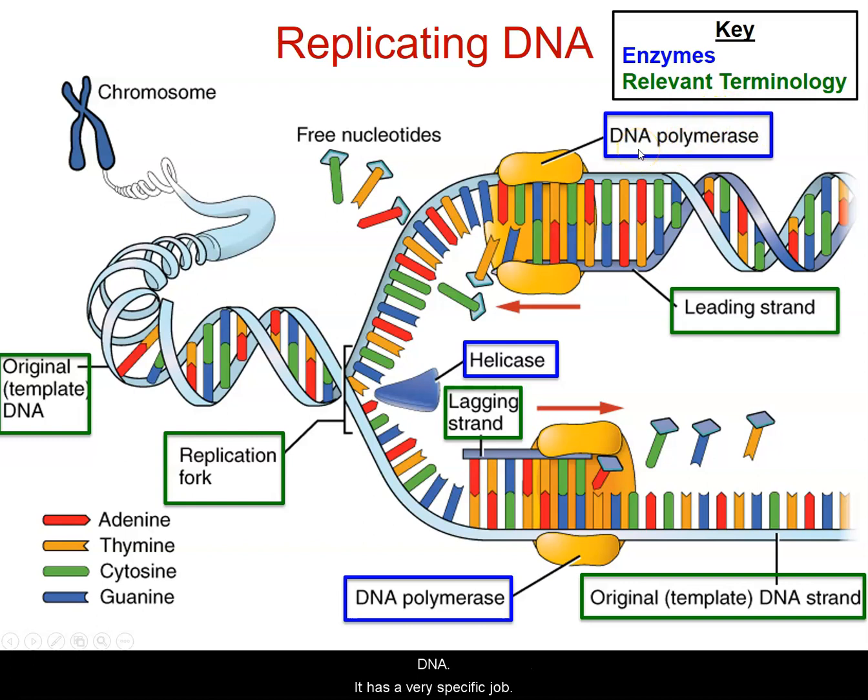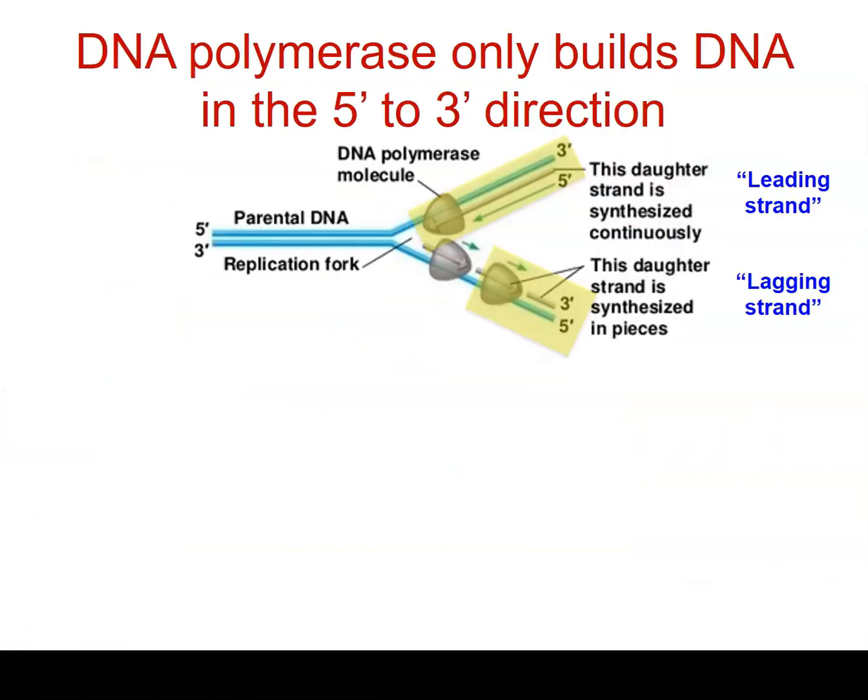It has a very specific job. Enzymes have one job. This is key to how replication works, and you must burn it in your skull. DNA polymerases only work in the 5' to 3' direction. What this means is that, remember, you have a molecule that is anti-parallel, and you have unzipped it now.